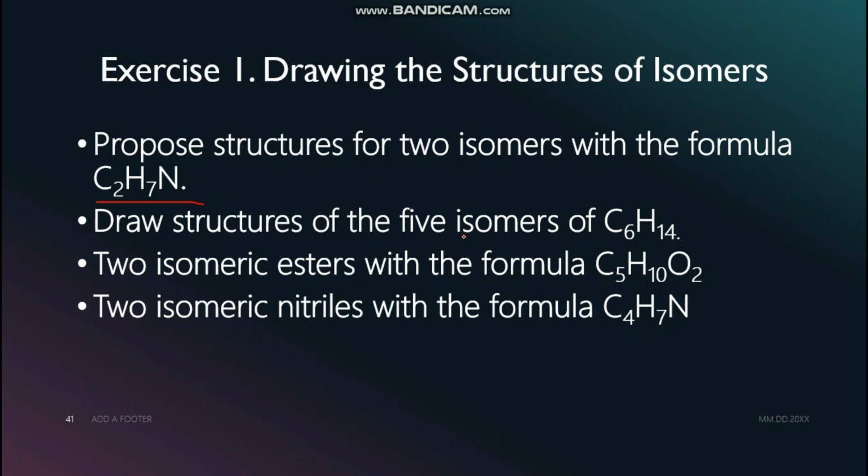Draw structures of the 5 isomers of hexane. Okay, so pwede siyang branched, straight chain, yung ganyan-ganyan. Okay. So two isomeric esters with the formula C5H10O2 and a nitrile C4H7N. Okay? So may mga functional group naman doon sa previous slides, you could refer to it.